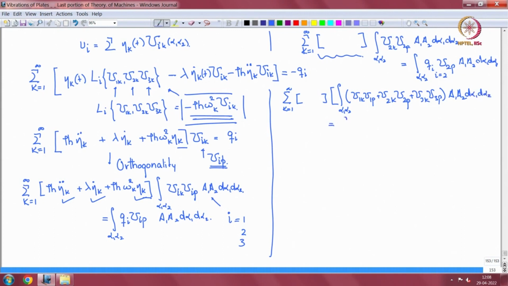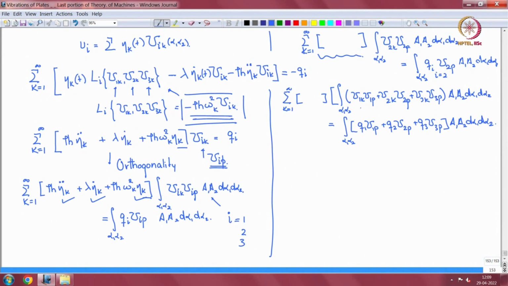On the other side, integral alpha 1 alpha 2 q1 u1p plus q2 u2p plus q3 u3p a1 a2 d alpha 1 d alpha 2.